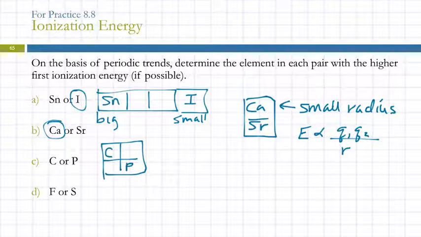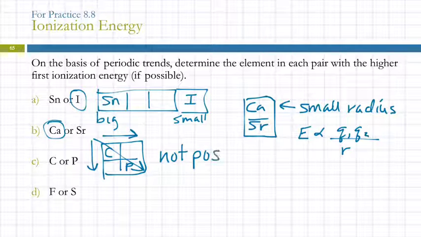Because the trends are going against each other. Going this way says radius is getting smaller. Going this way saying radius is getting bigger. And so when we go at this angle, they're conflicting. So we could, if we're forced to guess, we could, but we're just going to say not possible and go on with life.